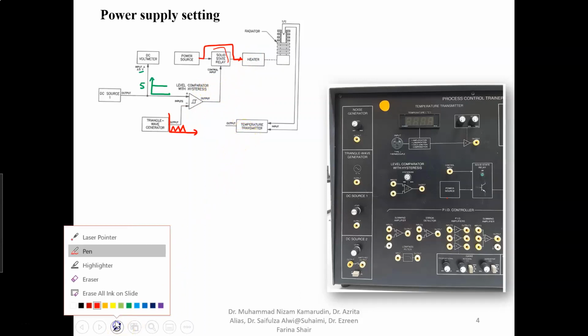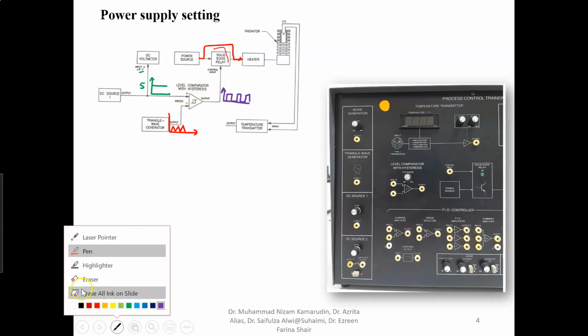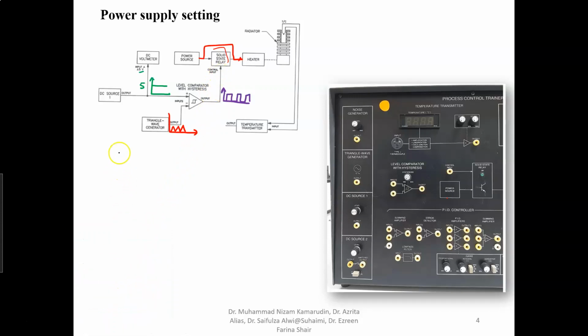The output of the level comparator will be a square wave. So the purpose of this comparator is to produce the square wave signal to be sent to the solid state relay.